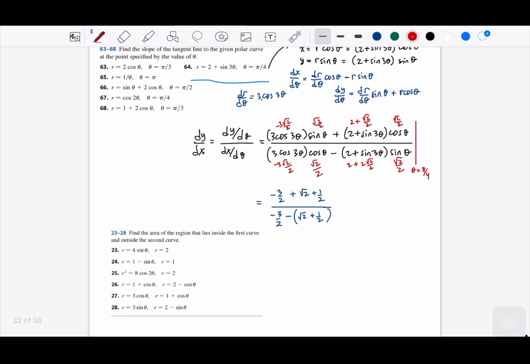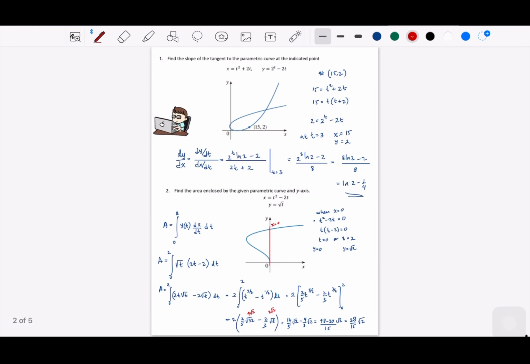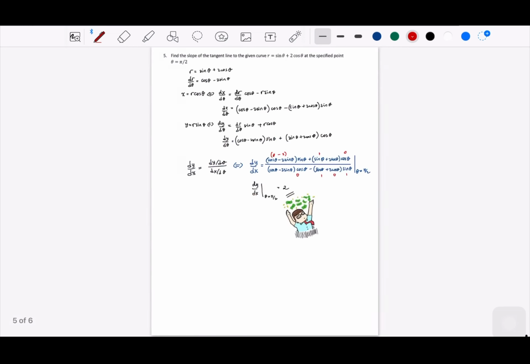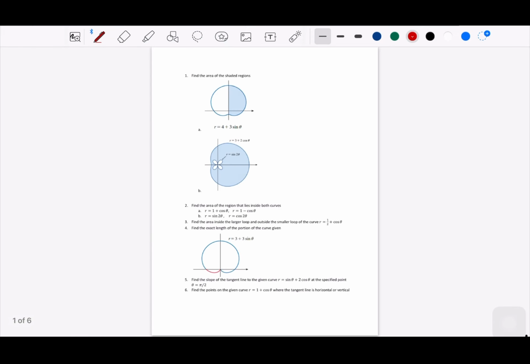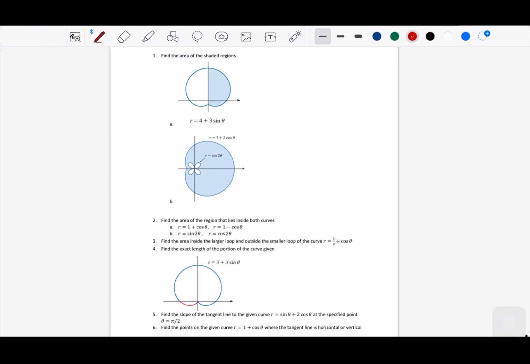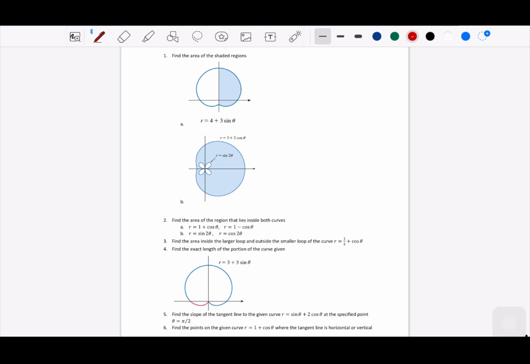Maybe I would like to make some emphasis on your exercise. Let me check my exercise. On the polar curves, we have to find the area. The first one, find the shaded area, and then find the area of the intersection.